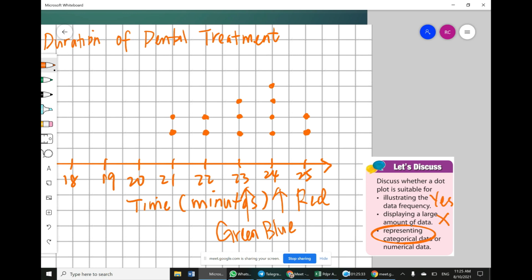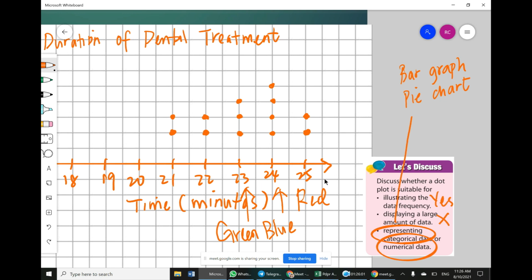The more suitable way to represent categorical data is the bar graph, or bar chart. The two names are the same actually. The pie chart is also more suitable for categorical data. So this dot plot is more for numerical data.